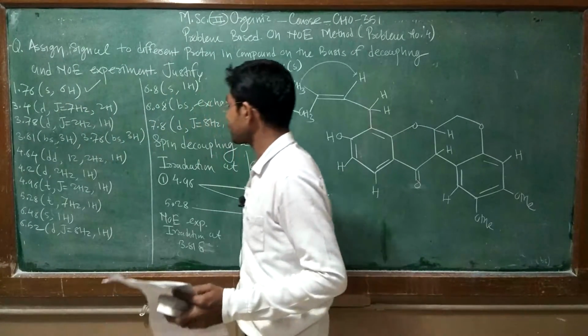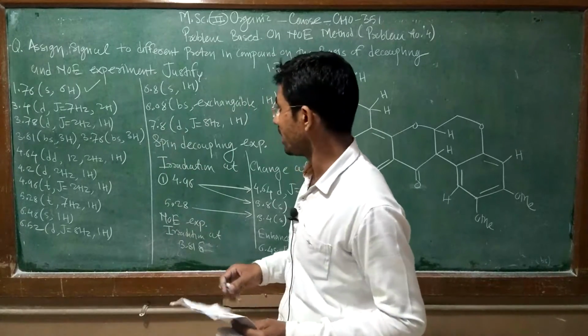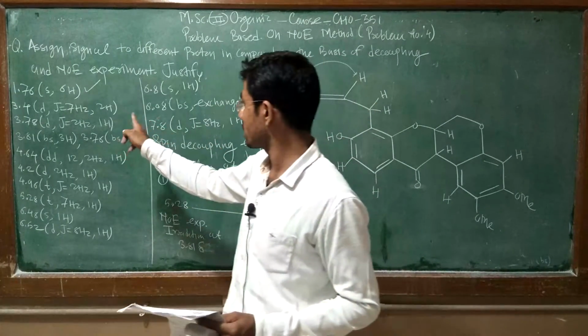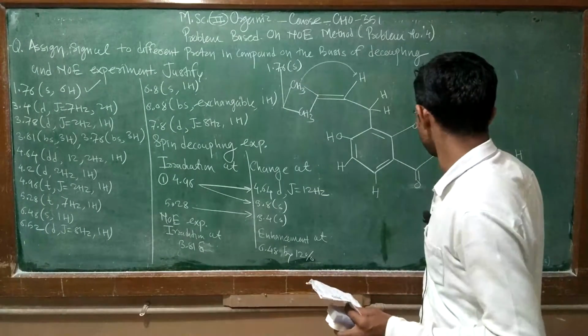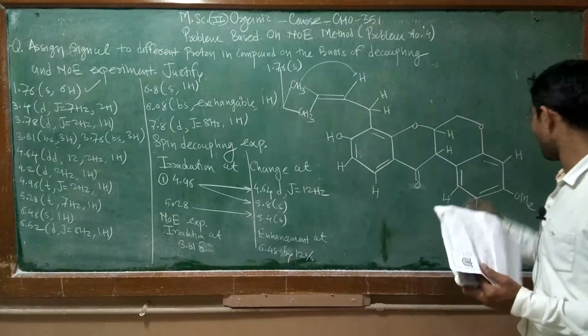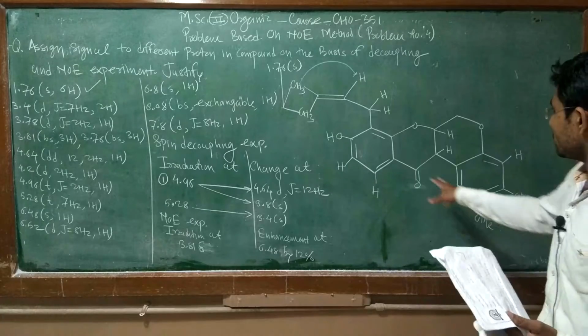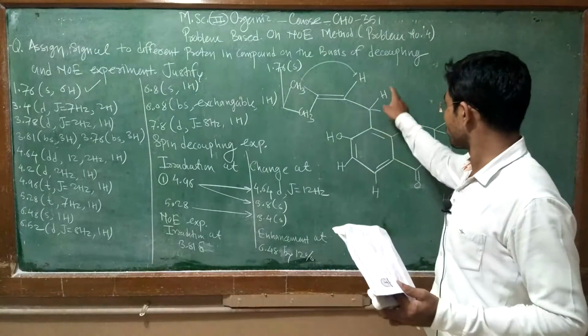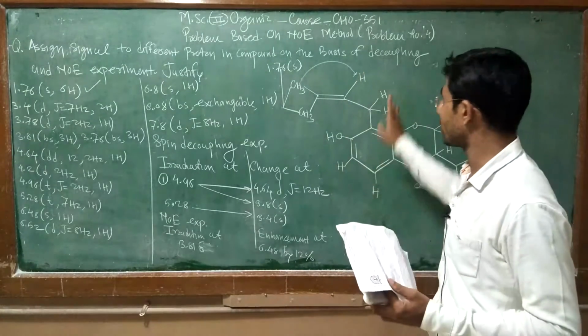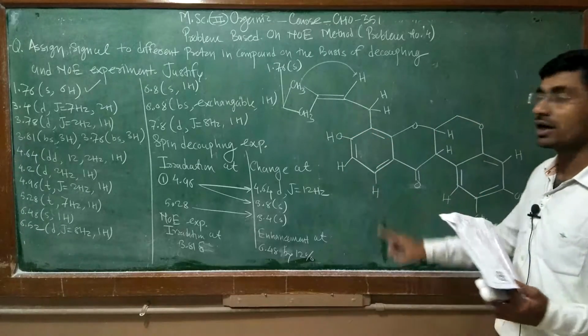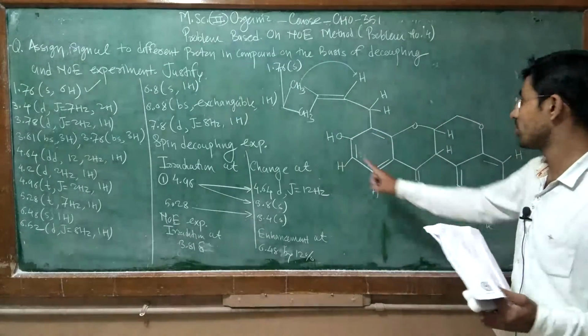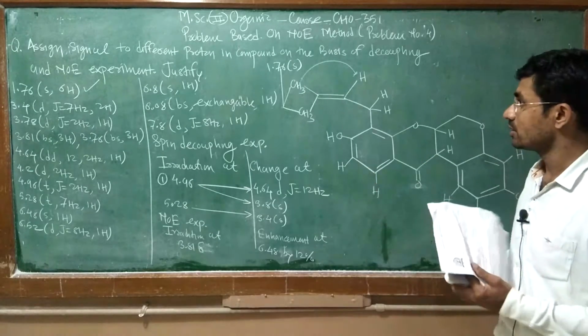After that, 3.4 is a doublet with J 7 Hertz for 2 protons. So if you observe in our compound, these protons are equivalent, and in all the other protons we observe that only one proton is present.